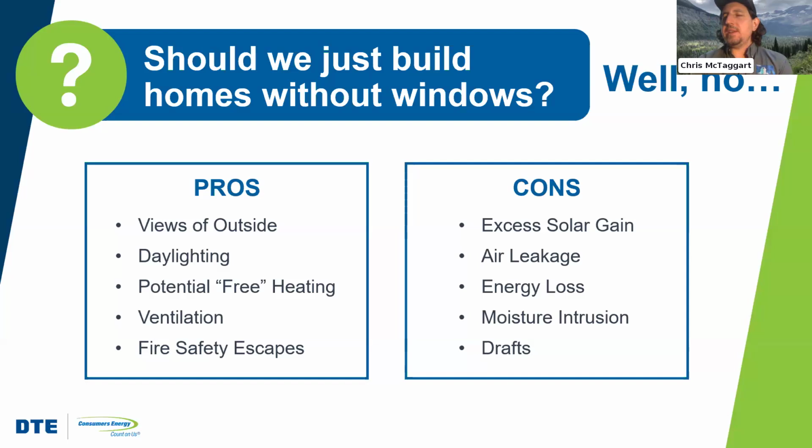Then in the evening, it starts to cool down and we're in the 60s outside. Well, we can open up our windows and get free cooling, as well as a lot of fresh air coming in through those windows. So that's really beneficial. We need windows for that reason, or we certainly like to have them for that reason.